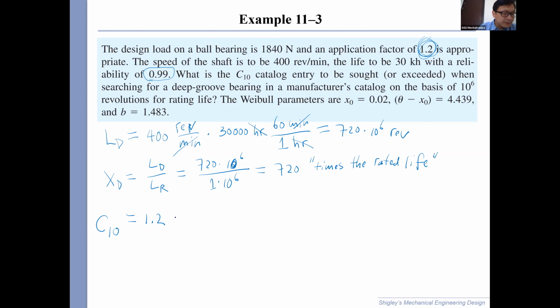Times FD. FD is 1.84 kilonewton. We're doing all this in kilonewtons. XD is 720 on the numerator. This is X0.